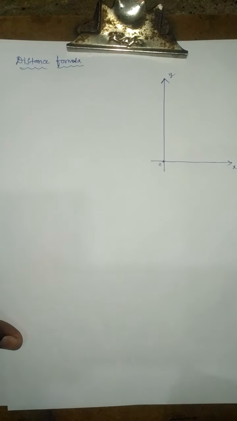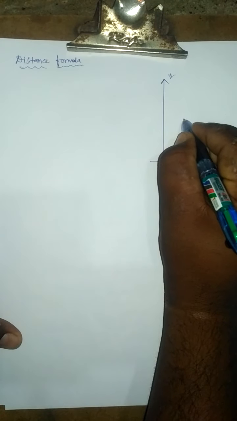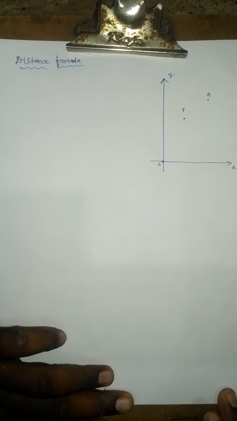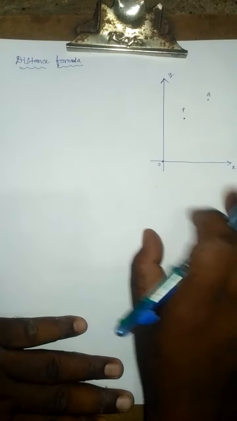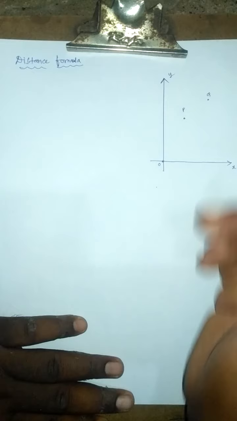So here I am going to consider two points. One is P, another one is Q. Now these x-axis and y-axis we are going to divide into intervals.